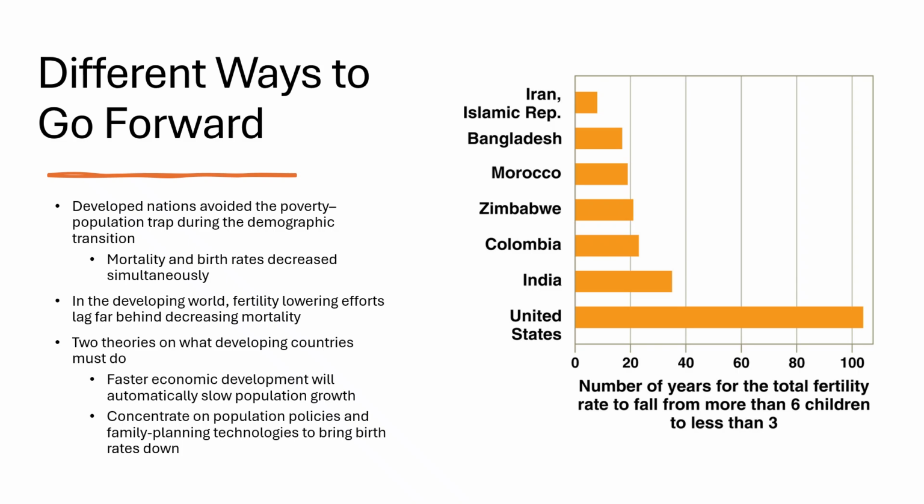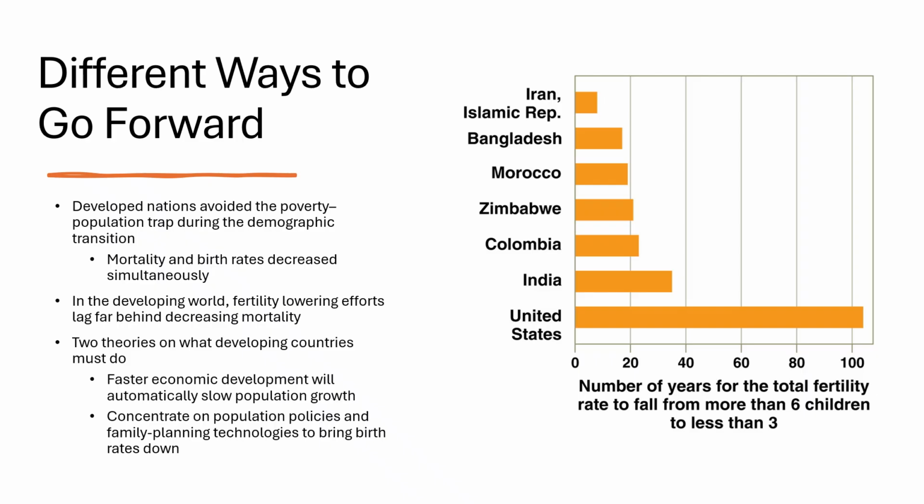In the developing world, governments know that they need to reduce fertility. However, most of the healthcare efforts are focusing on decreasing mortality before decreasing fertility. So there are two theories on what the developing country could do.